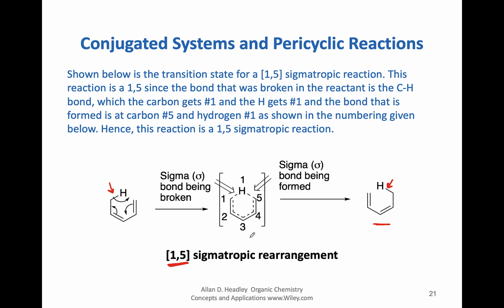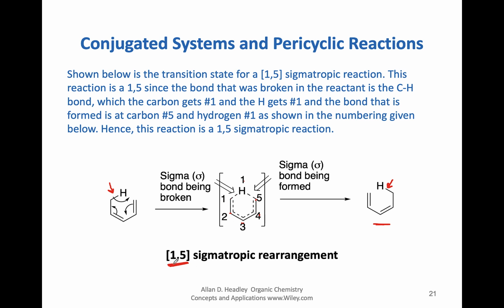So here's the transition state, which we'll use for numbering or describing the type rearrangement. So here's a bond that's been broken. So it's 1, 2, 3, 4, and 5. Here's the bond that's been formed. So we have here hydrogen 1, and it's the same hydrogen. So the bond is broken here and formed here. So it's number 1. So the separation here is 1. The separation here is 5.